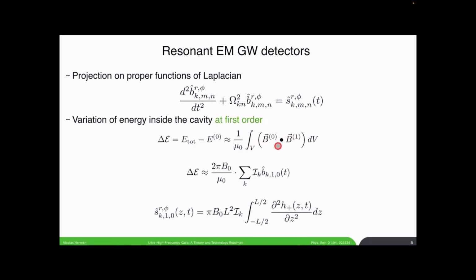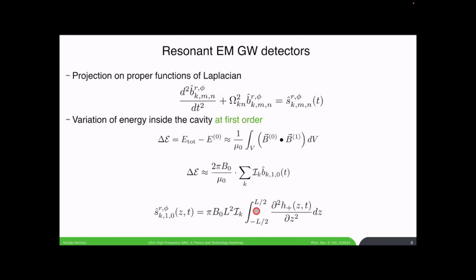And when we compute the integral on the volume, we show that only the radial mode, so the K10 mode, will contribute to the variation of energy at first order. And the source term projected on the proper functions of the Laplacian is like this.